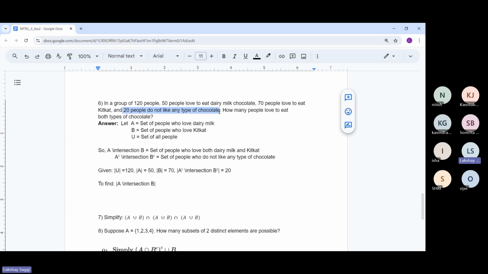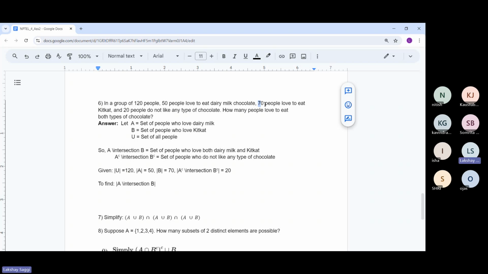So the remaining 100 people, 120 minus 20, like some sort of chocolate, right? They like either Dairy Milk or Kit Kat or both. So there are 100 people who love Dairy Milk or Kit Kat or both. And there are 50 who love Dairy Milk and 70 who love Kit Kat. So their sum is 120, 70 plus 50. But there were only 100 people who love chocolates. So where did this extra 20 come from?